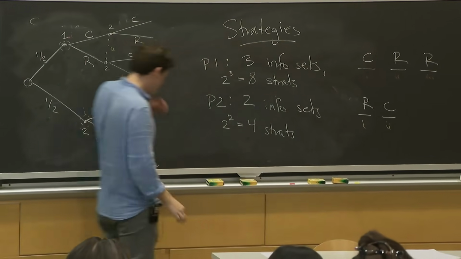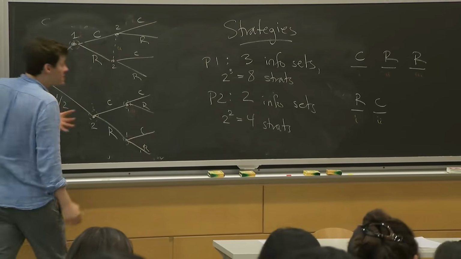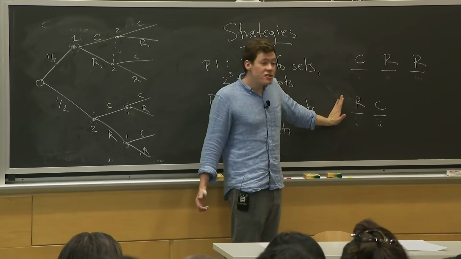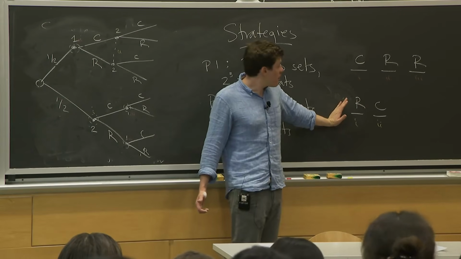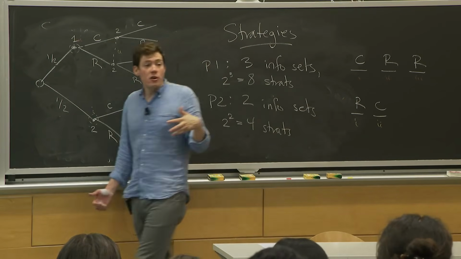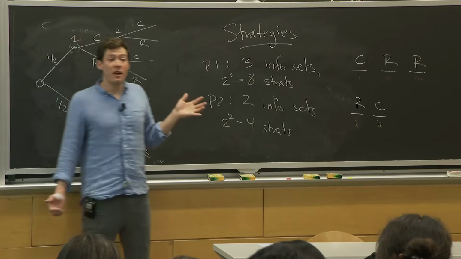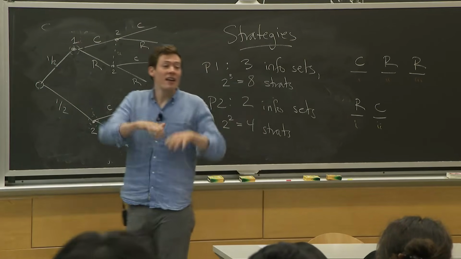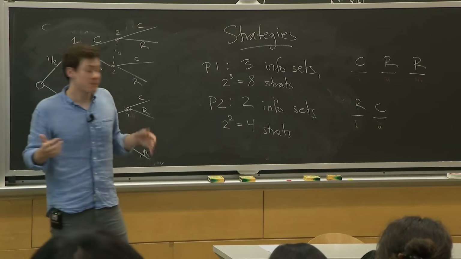OK? So what I'd like to do is take this strategy by player 1 and this strategy by player 2, and compute what the payoffs are going to be for each player. So I'm basically filling in 2 of those 64 numbers that I would have to fill in if I wanted to fully specify the game. Okay?